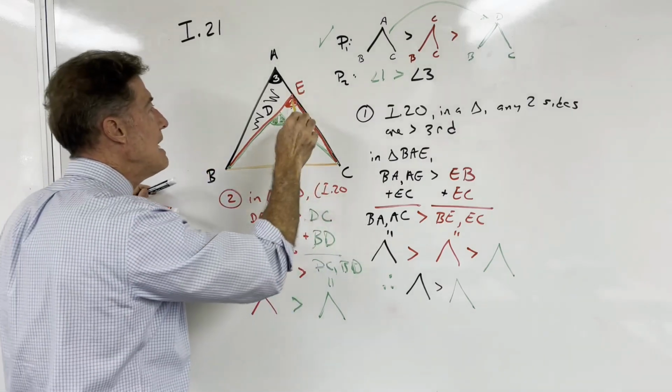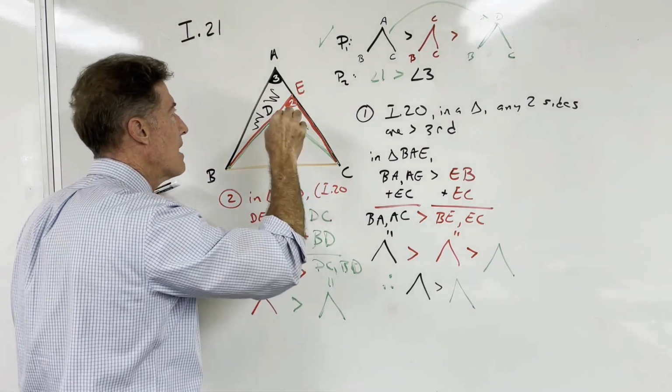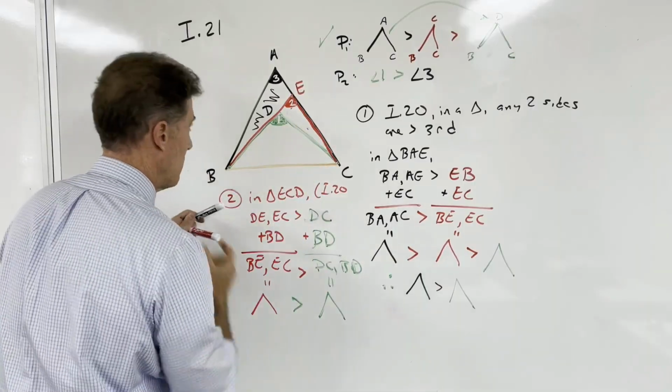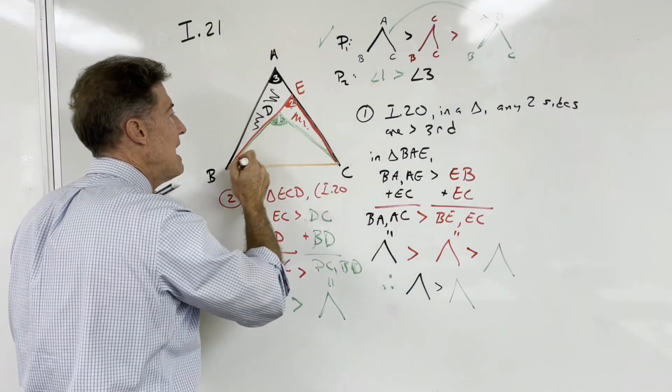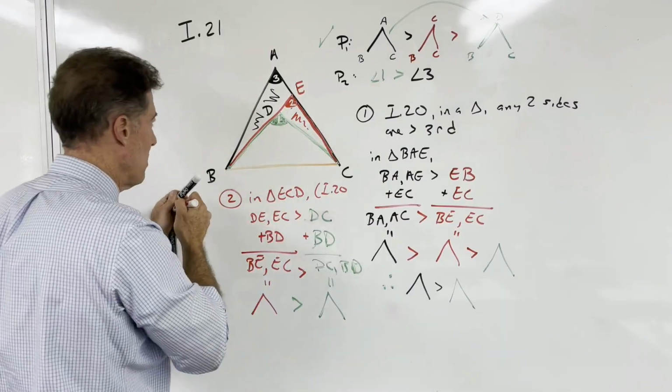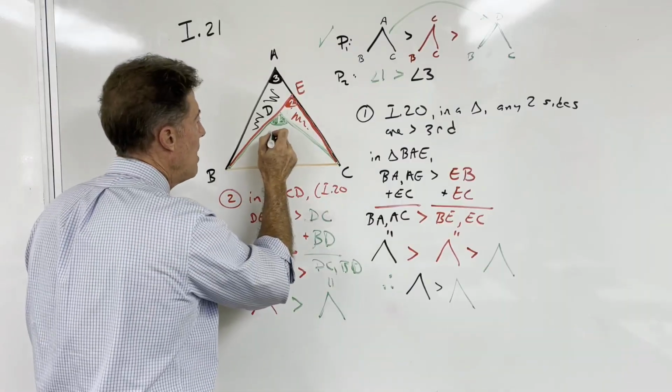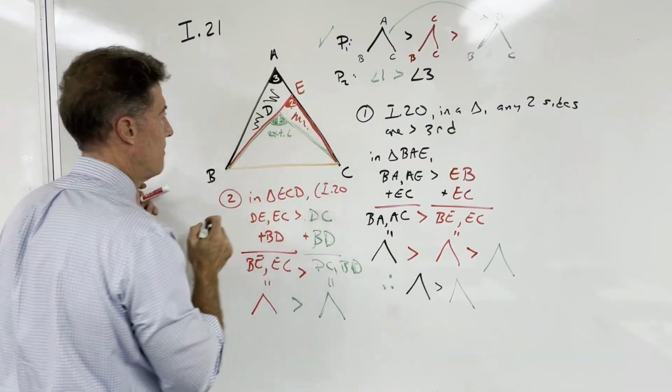Now you should be able to see that in this triangle, DEC, DE has been extended, and therefore angle 1 is the exterior angle.